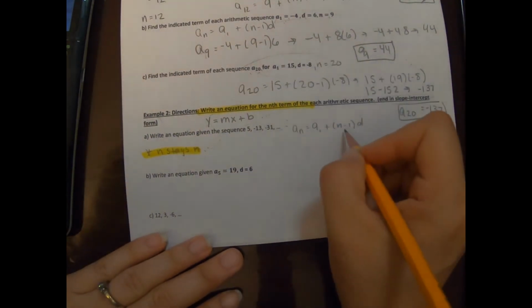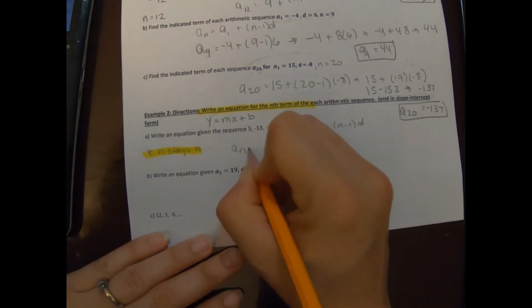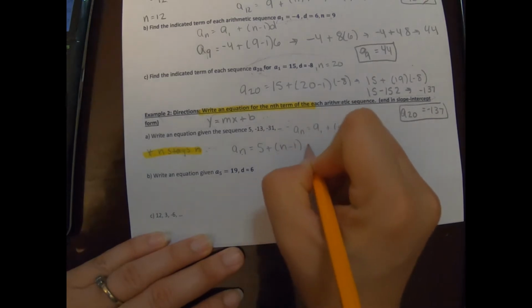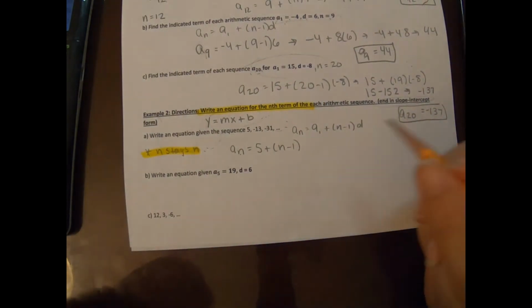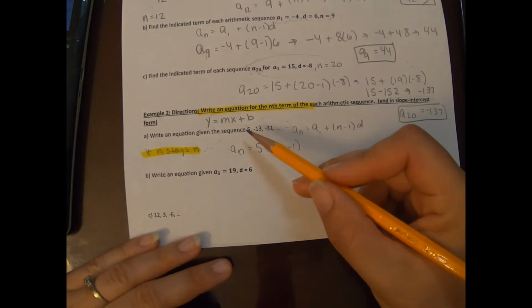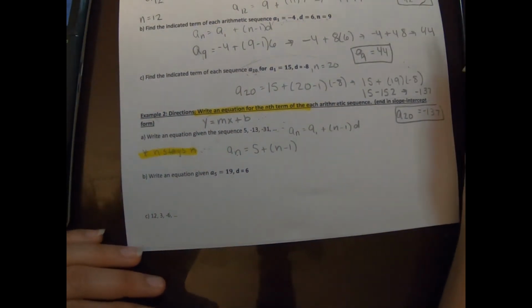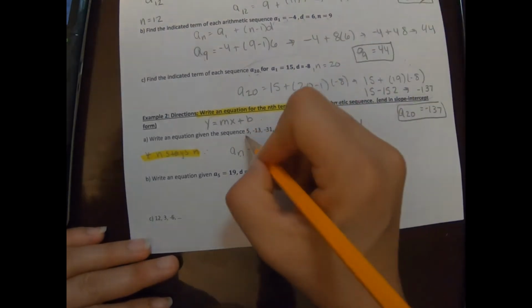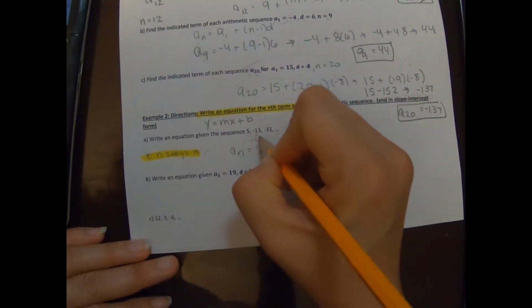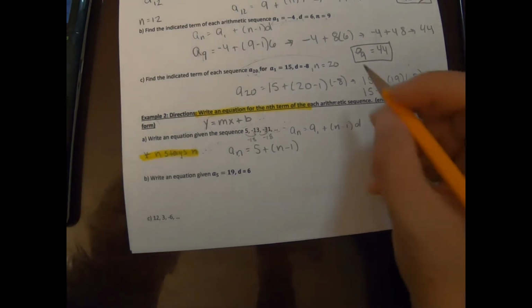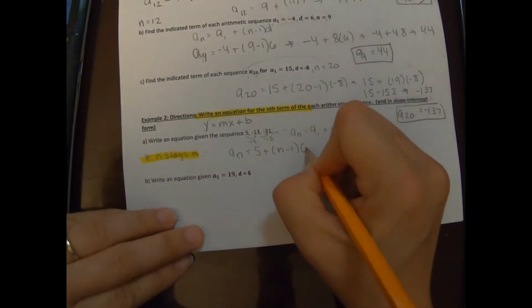Okay. So A sub n is 5 plus n minus 1 times, what's the common difference here? We're going from 5 to -13. So I'm going to say that's -18. Minus 18 every time. So d is -18.